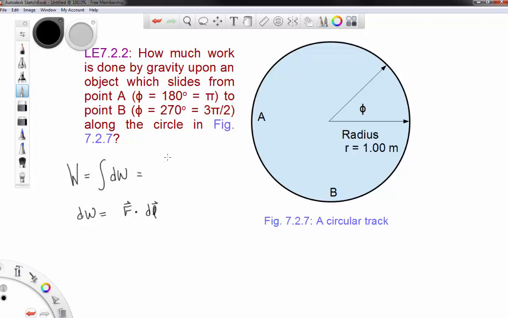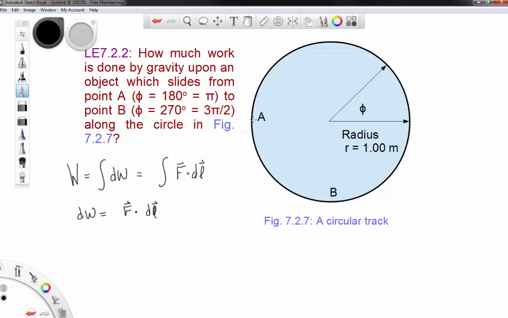So this is basically the integral of F dot dl. What we have to do here is figure out what this dot product is going to yield. The limits of integration are also important, but they're given in the problem. We have phi running from pi to 3 pi over 2, and I'll show you what that is in just a sec.